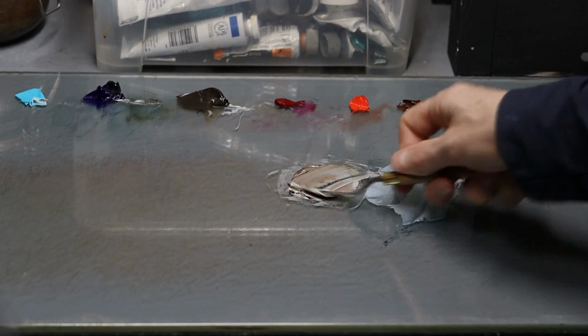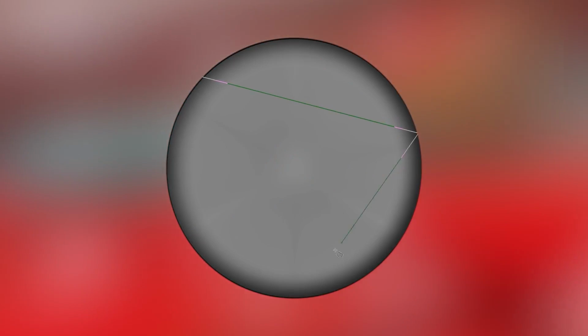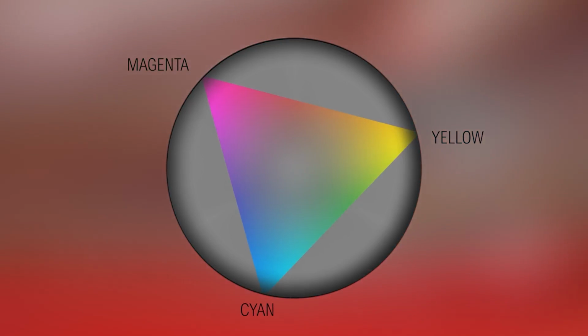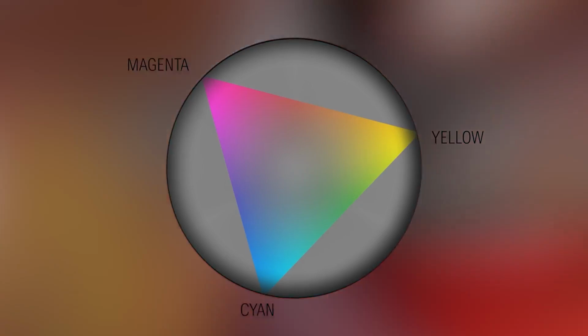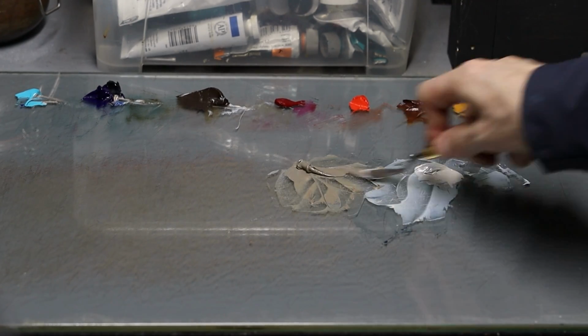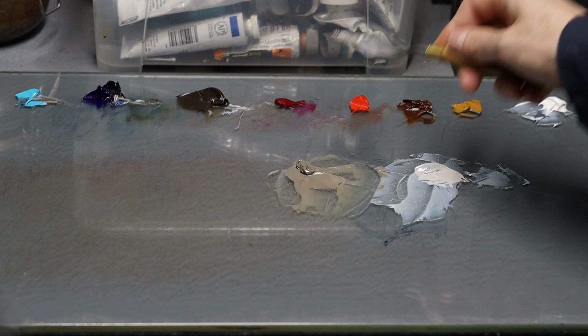A gamut, to make it simple, is a section of the color space, like a cut in the color wheel that only includes a limited number of colors that can be mixed with a set selection of mixing primaries. In my case, the gamut pulls very strongly towards blue cyan.